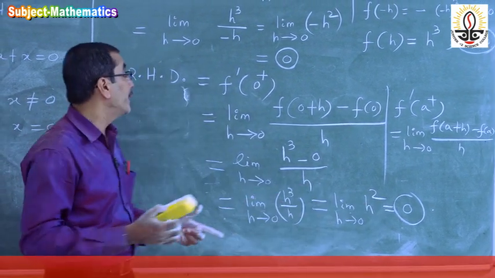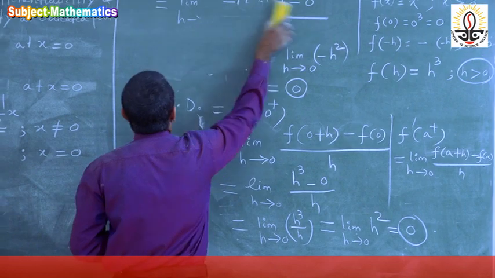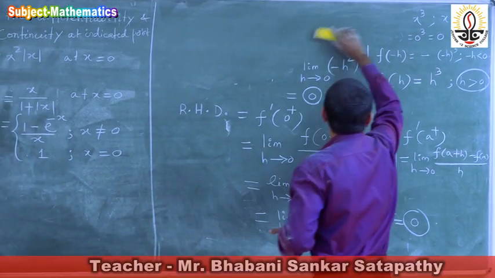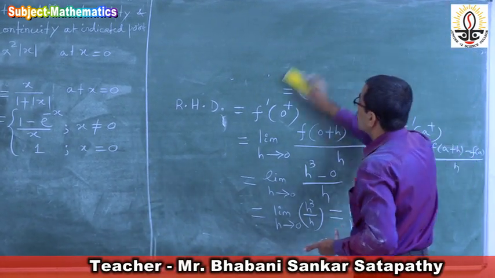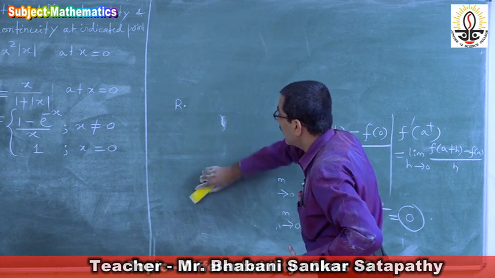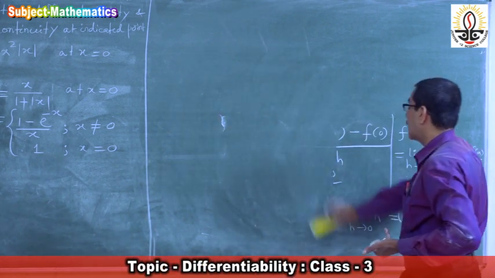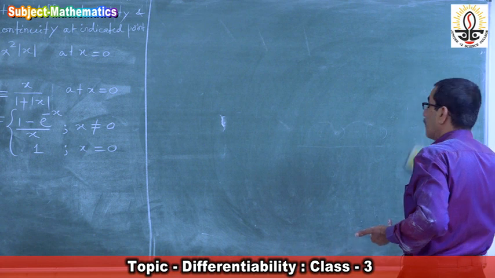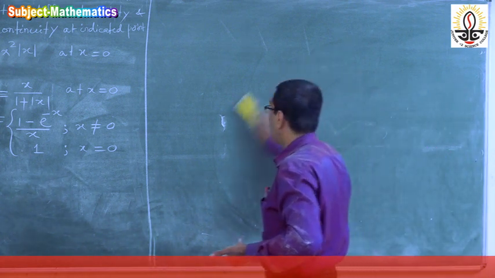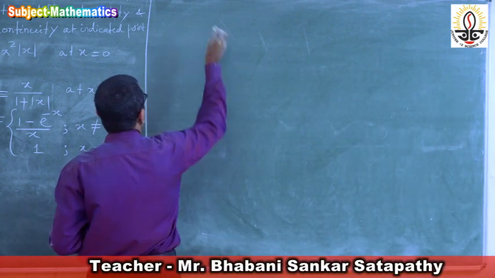So what will be the condition? Left hand derivative is equal to right hand derivative. So you will write the function is differentiable at x is equal to 0.